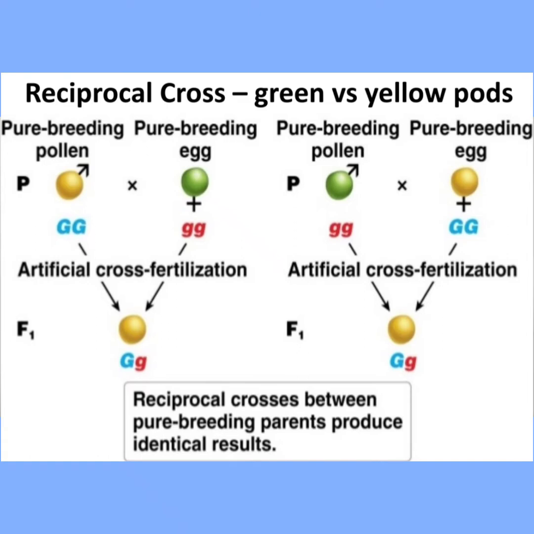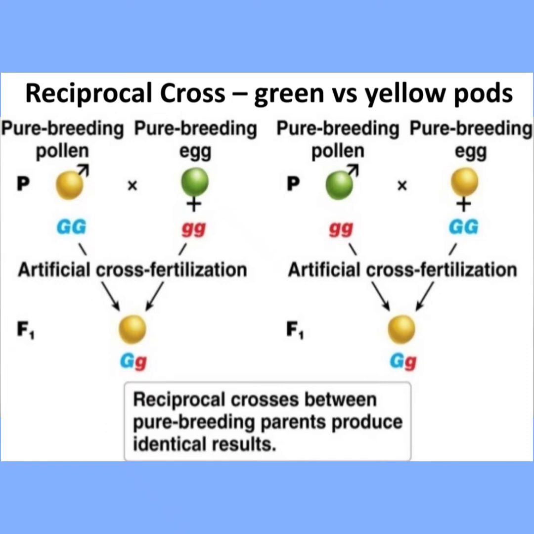When the yellow is taken as the male and the green is taken as the female, the yellow represented by small g and the green represented by capital G, on artificial fertilization, the F1 generation will show all plants having green, and the genotype is capital G and small g.